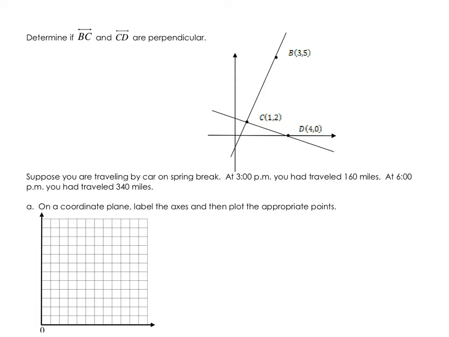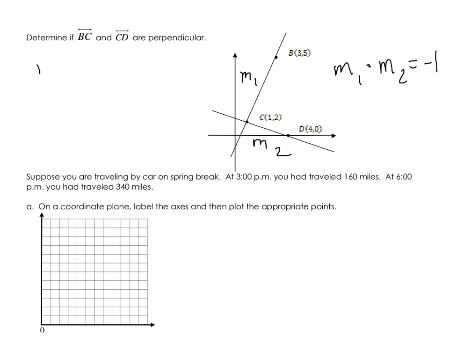Determine if BC and CD are perpendicular. If they are perpendicular, then the slope of the first line and the slope of the second line, their product will be -1. Their slopes will be opposite reciprocals.